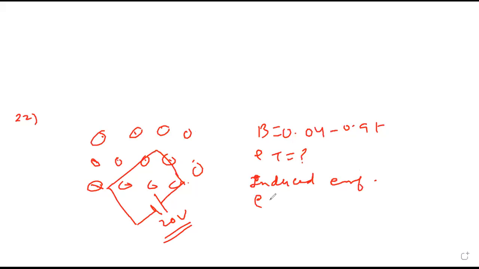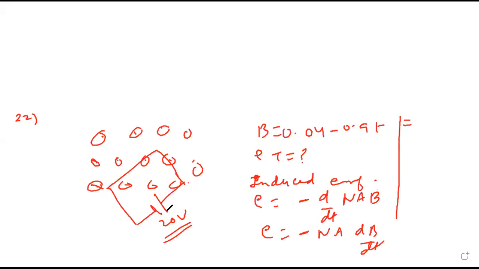Induced EMF E is minus d by dt of NAB. So minus NA dB by dt. N means this is a 1-turn coil, so it is 1.